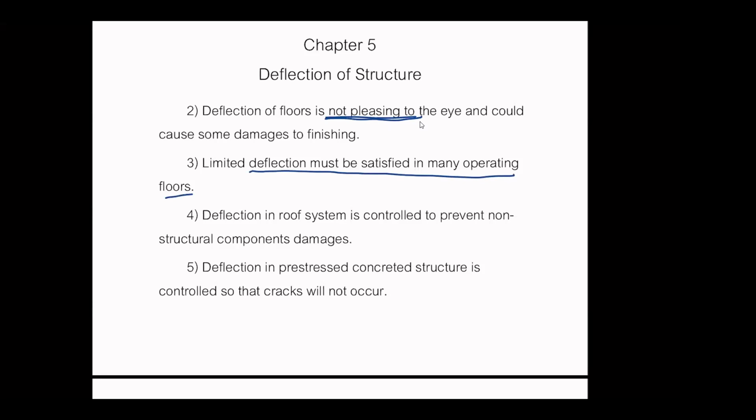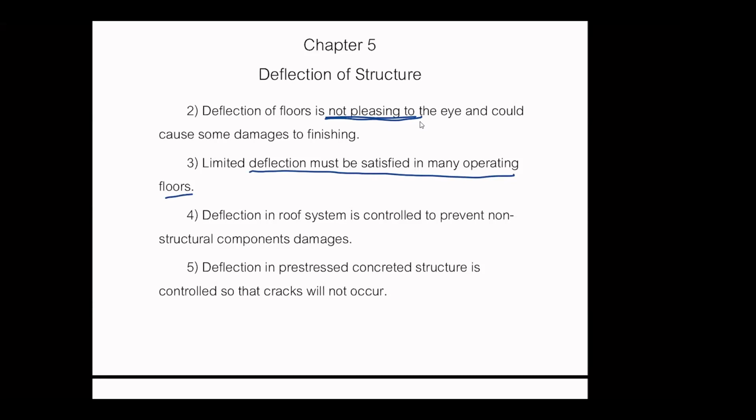Some of you may go on to design or construct a factory, and they call it a factory because they have machines in there, and some machines cannot be operated when the floor deflects down too much.